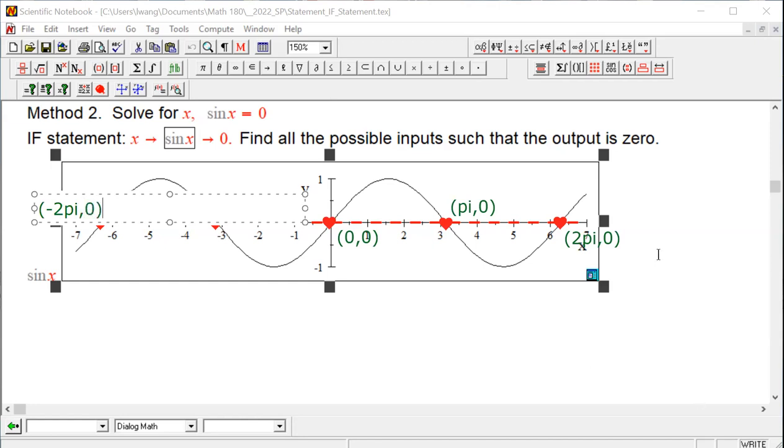So what are all the inputs such that the output is 0? Of course, 0, plus pi, minus pi, plus 2 pi, minus 2 pi, and so on and so forth. So multiples of pi. So we draw the same conclusion.